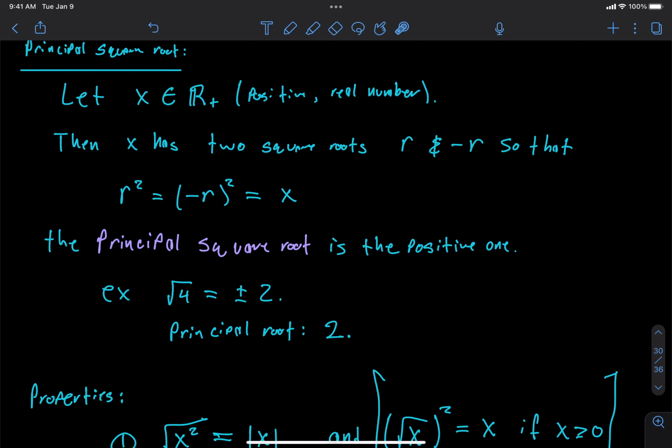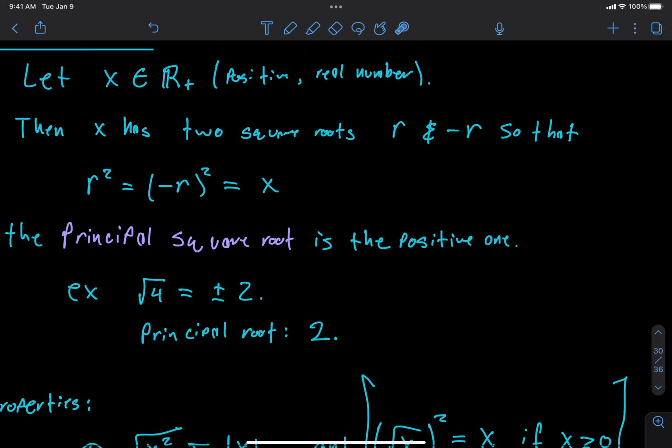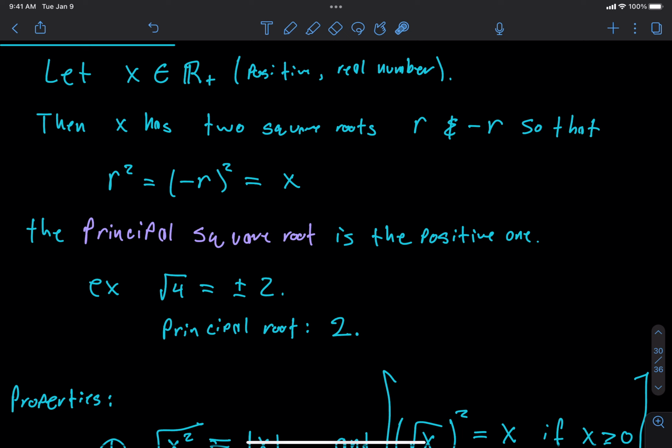Okay, so anyways, if x is a positive real number, then what is true? X has 2 square roots. Okay, so we have the positive one and the negative one. So if we take the positive one and we square it, we get the same thing as if we take the negative one and square it. So the reason is if you take a negative number times a negative number, the negatives cancel each other out and it becomes positive, right?